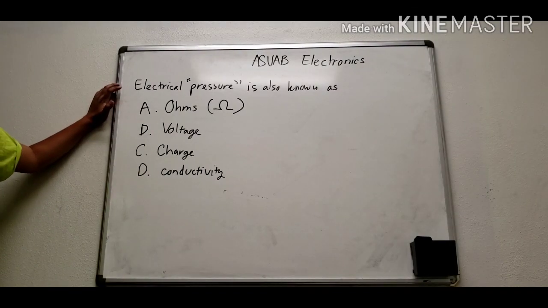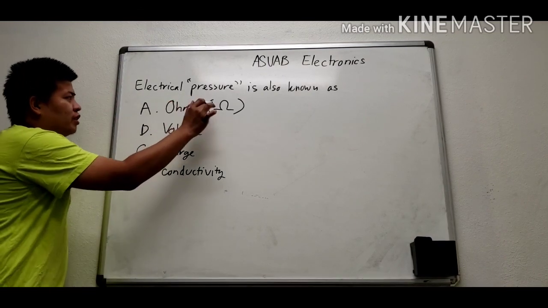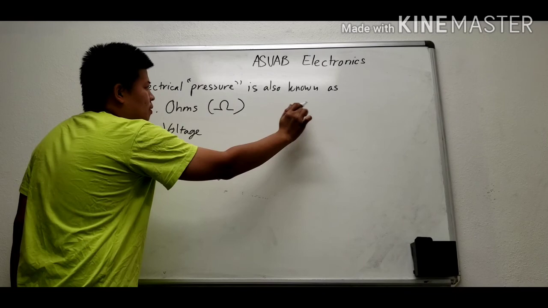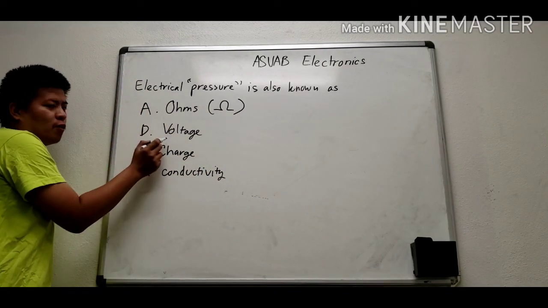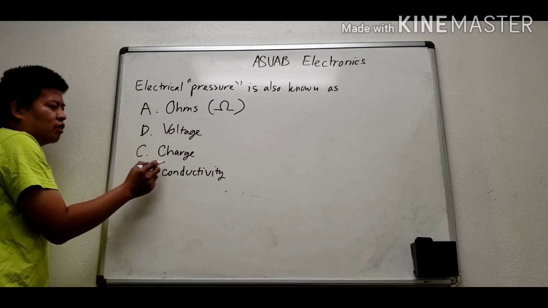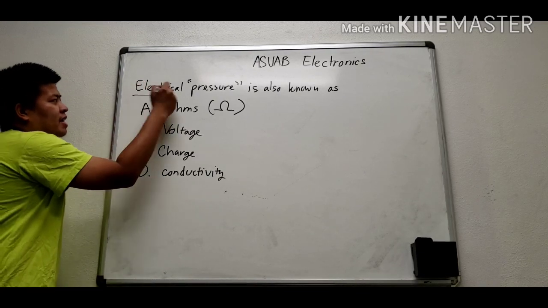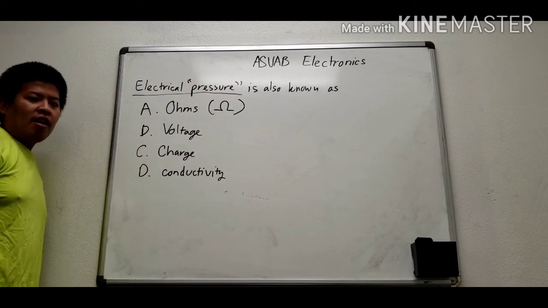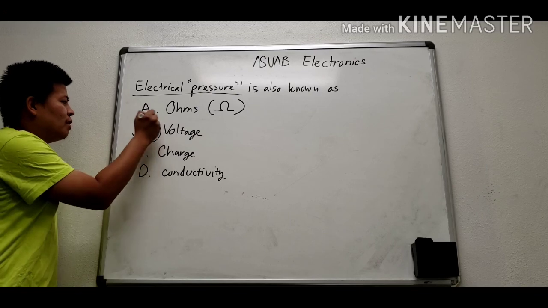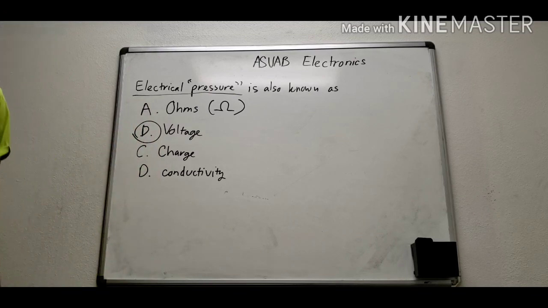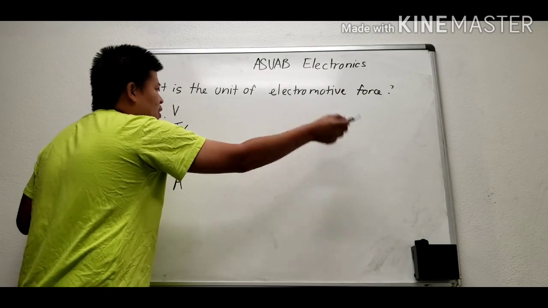The next question is about the real ASVAB. Electrical pressure is also known as: A, ohms, B, voltage, C, charge, D, conductivity. Electrical pressure is another name of the voltage, and the answer for this question is B. What is the unit of electromotive force?